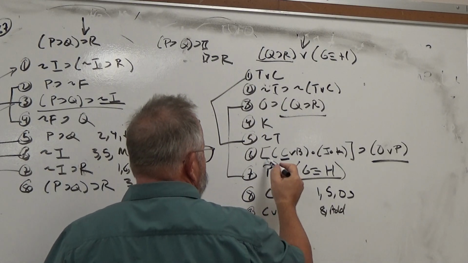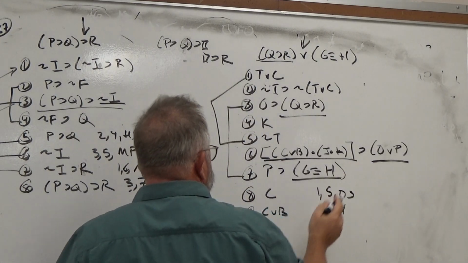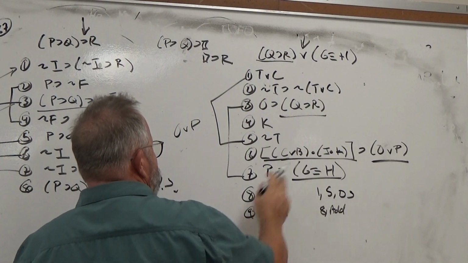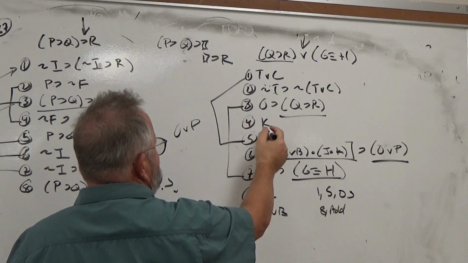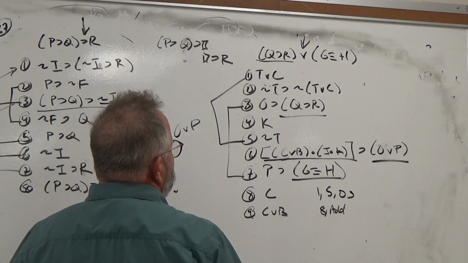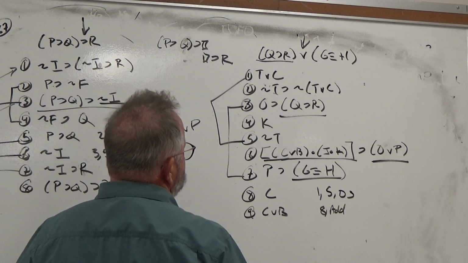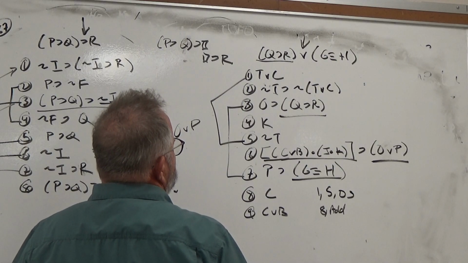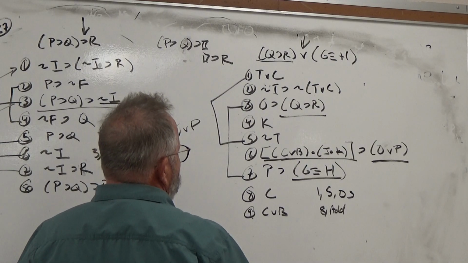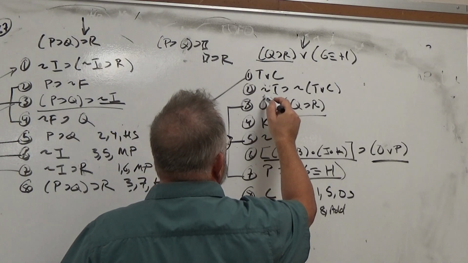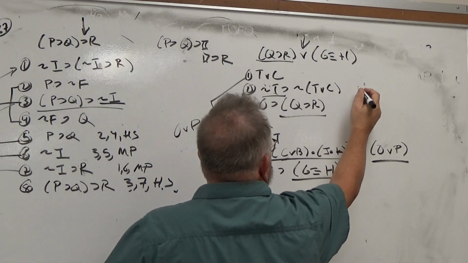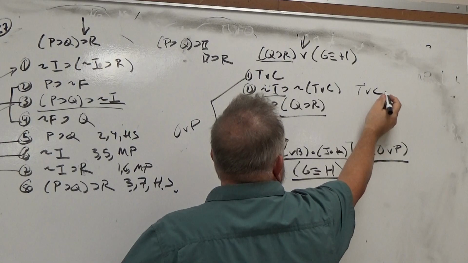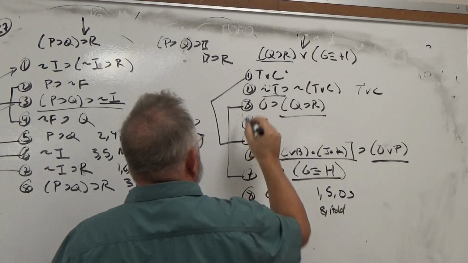Okay, so I'm trying to build this antecedent. So now I need the J and a K. There's a K. Where am I going to get a J from? I'm going to get a J from 1 or 2 if I can get a T or C, which I have actually on line 1.